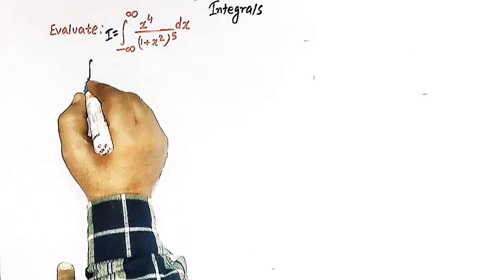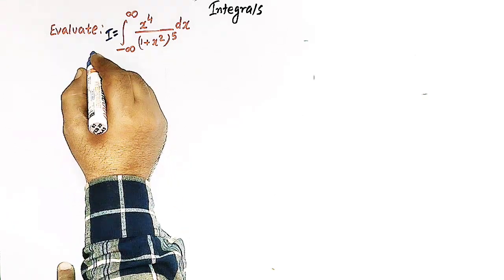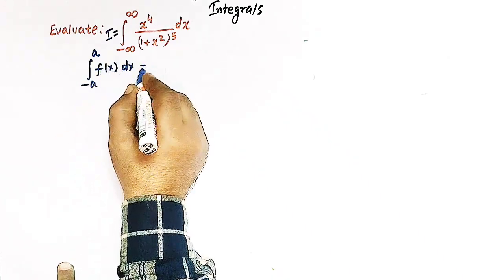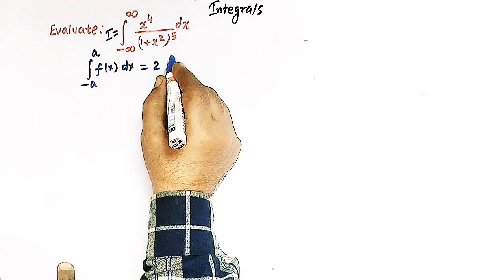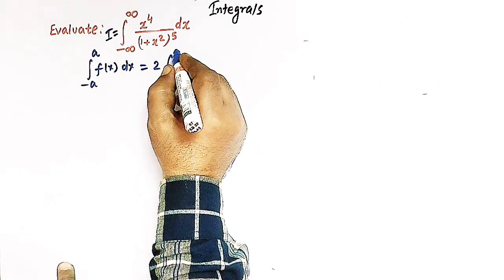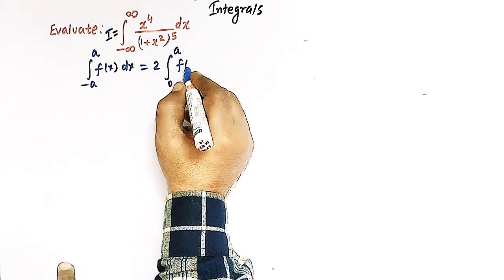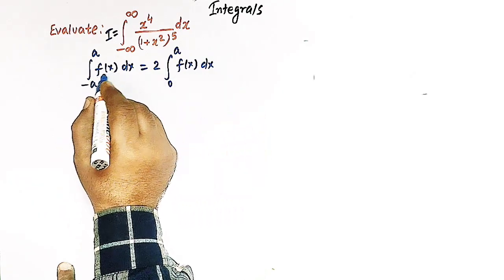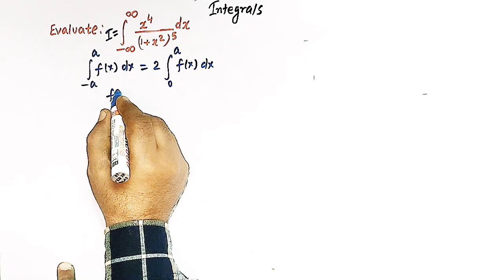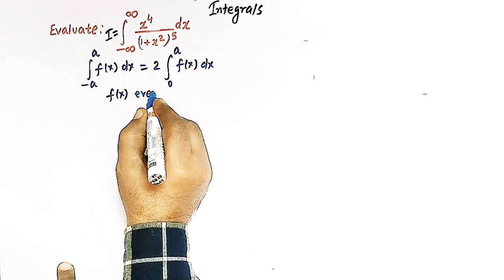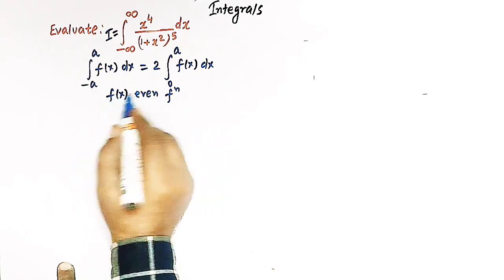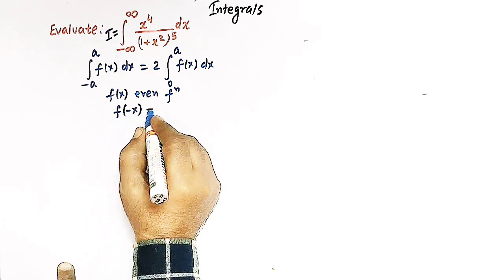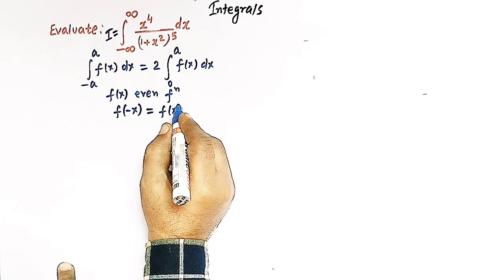Suppose we have the integral from minus a to a of f of x dx, then this integral is equal to 2 times the integral from 0 to a of f of x dx, provided f of x is an even function. By definition of an even function, f of minus x should be equal to f of x.